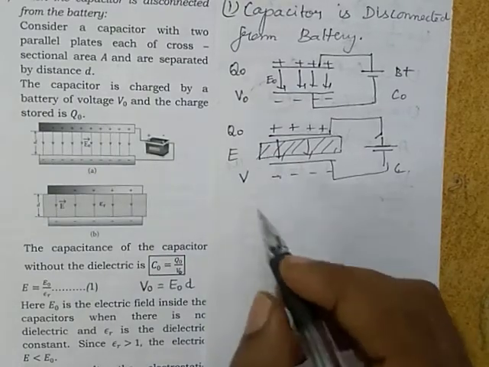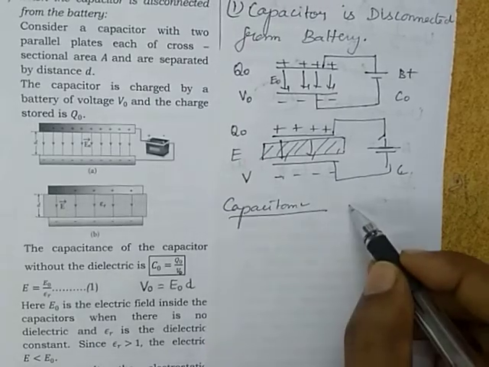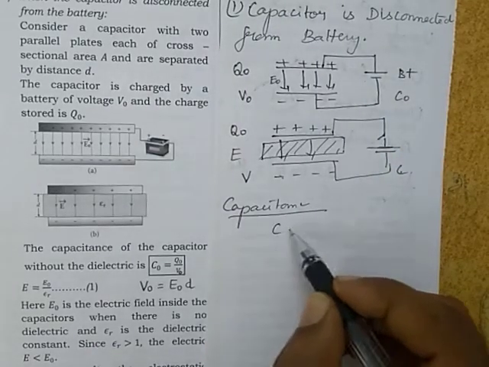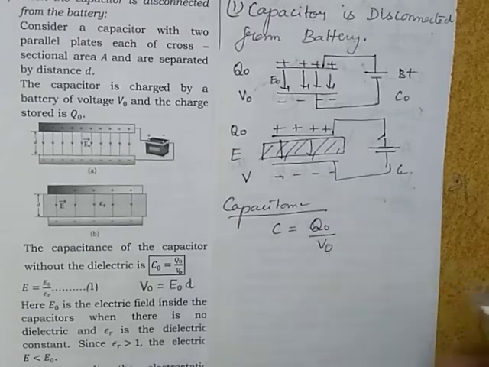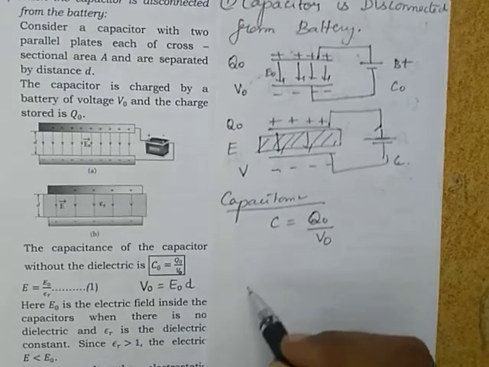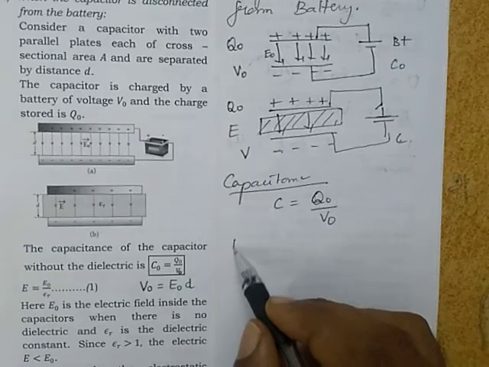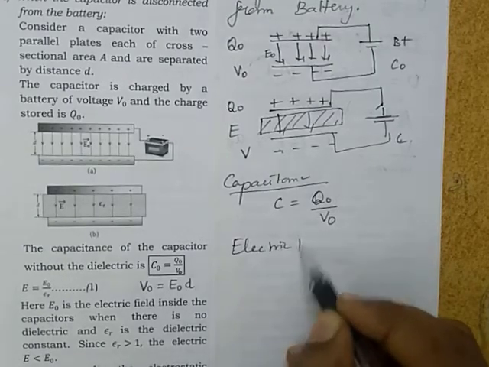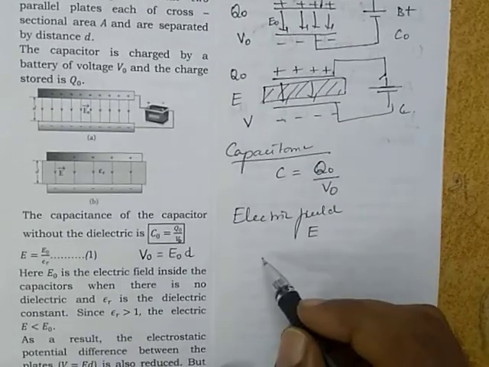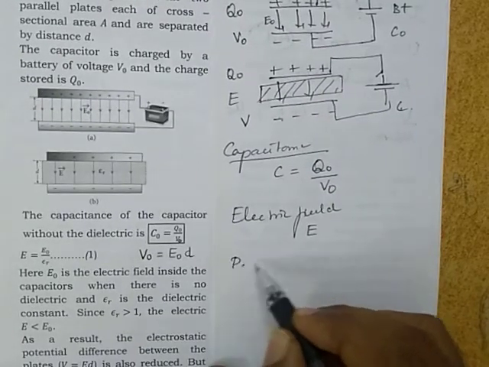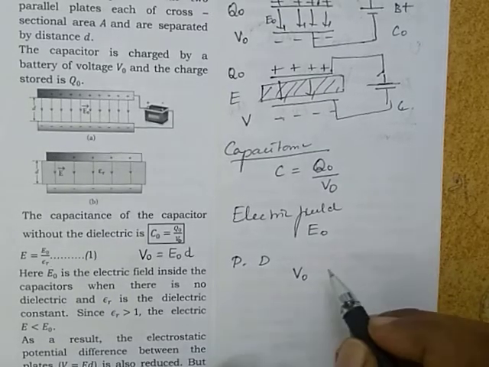First of all, let me see the capacitance. The capacitance for this case is C is equal to Q0 by V0. Then the electric field for the first case is E0, and the potential difference is V0.